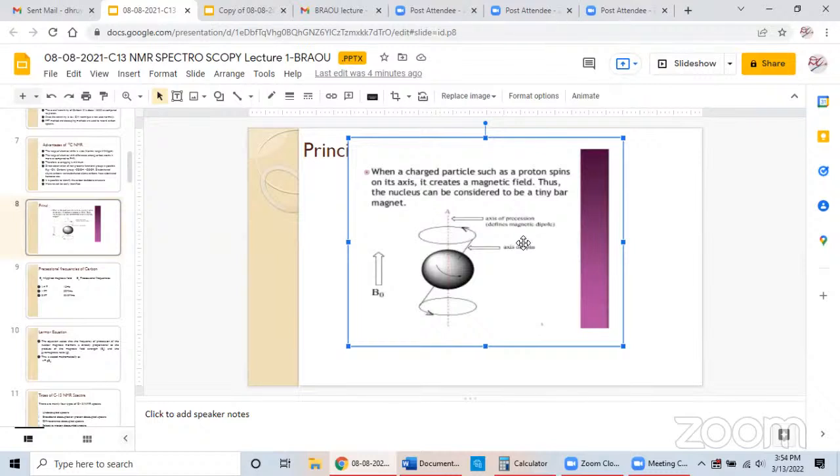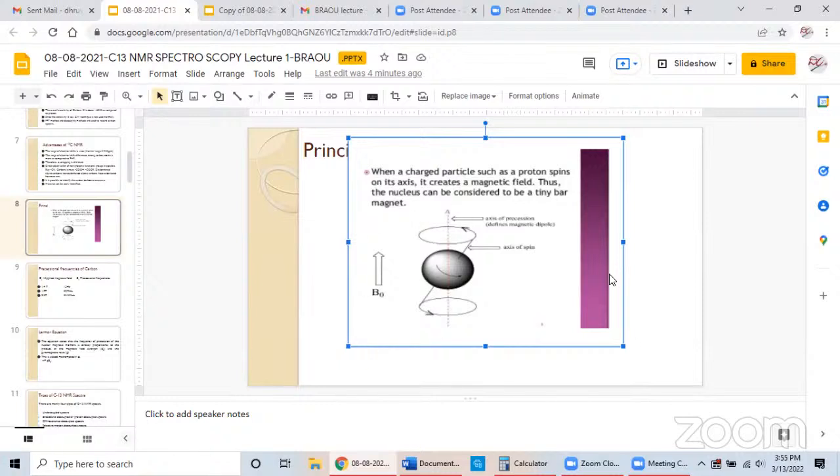Because their magnetic moments are different, their precessional frequencies are different, and they will not come to resonance with the radio frequency in the proton range. That is the reason why we will not observe carbon-13 signals in proton NMR. Similarly, when you are recording C13 NMR, you will not observe proton signals. That is one of the very important things you should understand and remember.